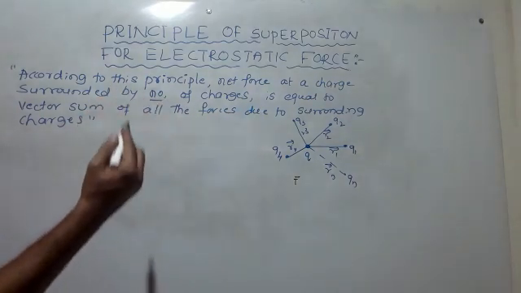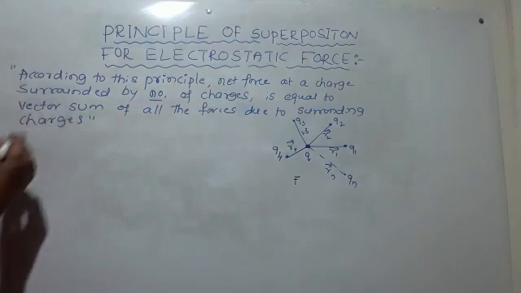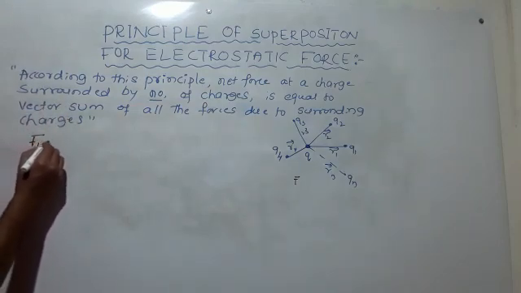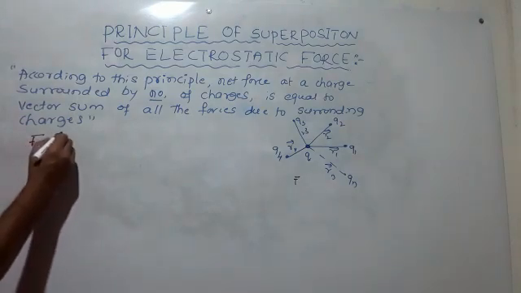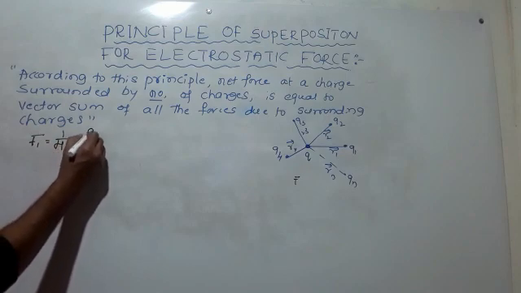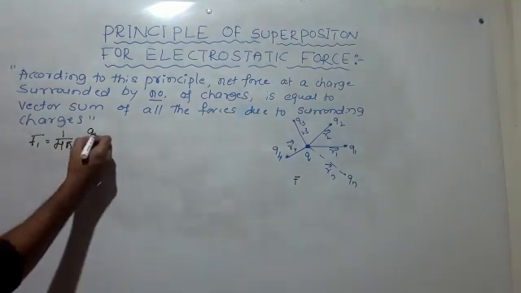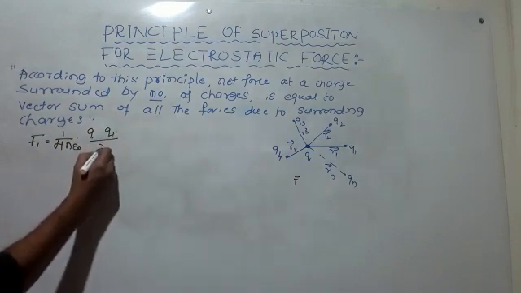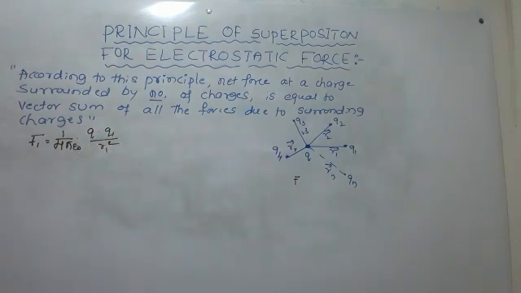The force acting between Q and Q1 according to Coulomb's law, I'll write that as F1. F1 is equal to 1 divided by 4 pi epsilon naught, the charges are Q and Q1, therefore Q into Q1, divided by the distance R1 square.